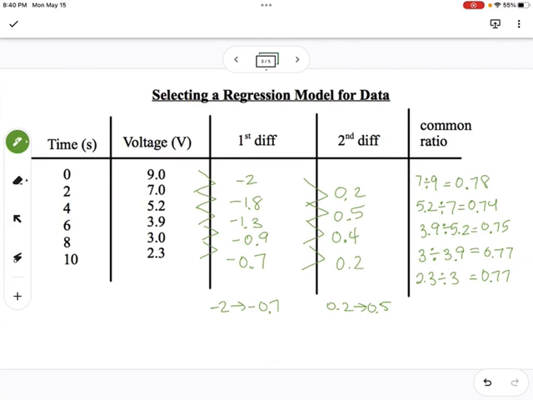Okay, so here, again, we notice that the ratios aren't the exact same, but it's even closer than with our second differences. Here we're going from 0.74 to 0.78. So there's not much of a range in our ratios here.